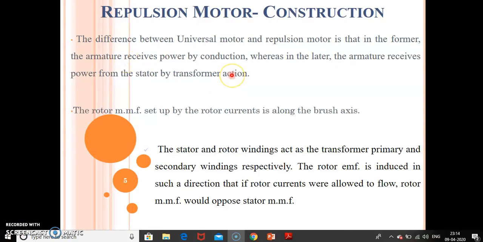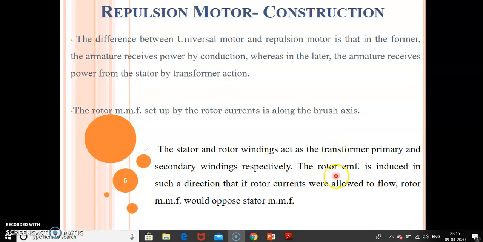The difference between the universal motor and the repulsion motor is that in the universal motor, the armature receives power by conduction, whereas in the repulsion motor, the armature receives power from the stator by transformer action. That is, the stator and rotor winding of a repulsion motor act as the primary and secondary windings of a transformer.